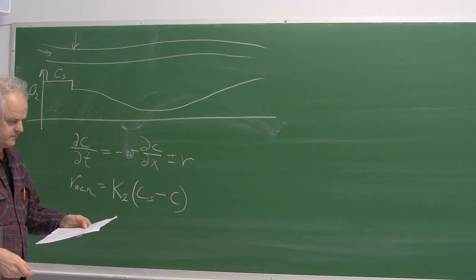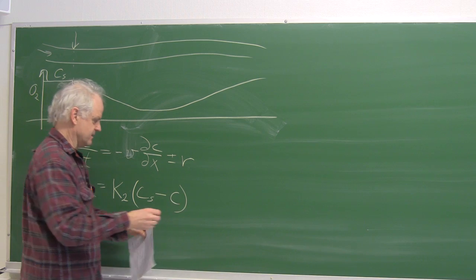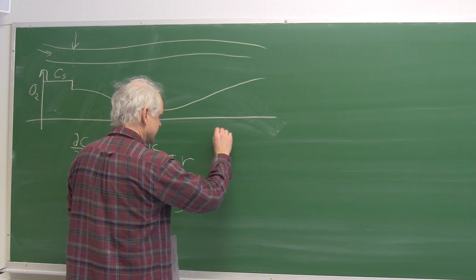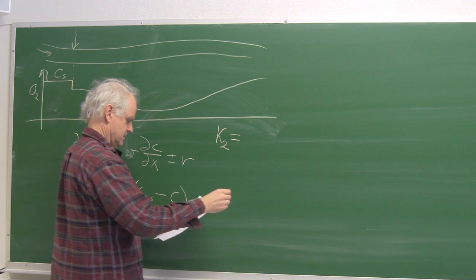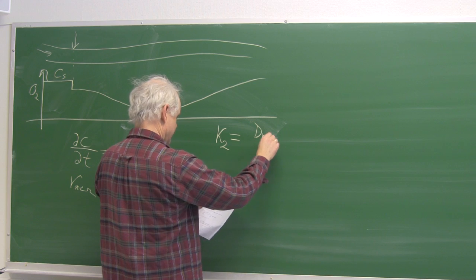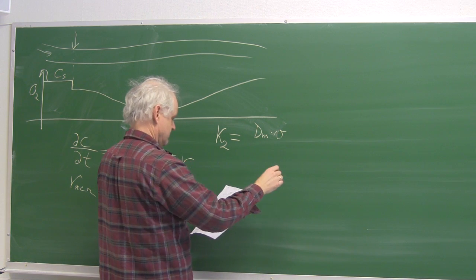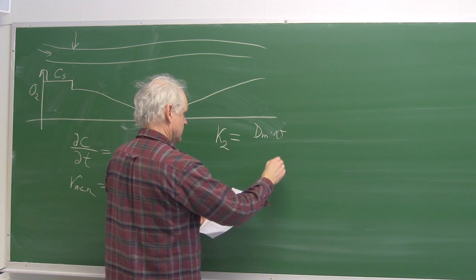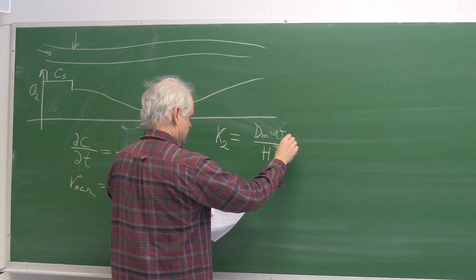There is a formula that somebody came up with many years ago, where K2 is equal to the square root of Dm times v, velocity, divided by h to the third.